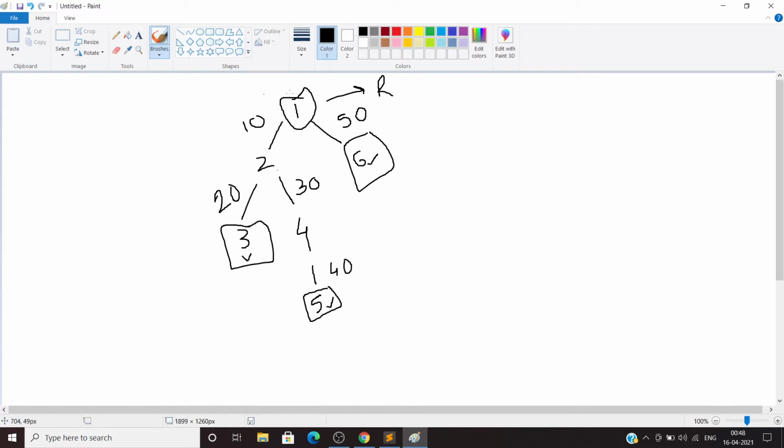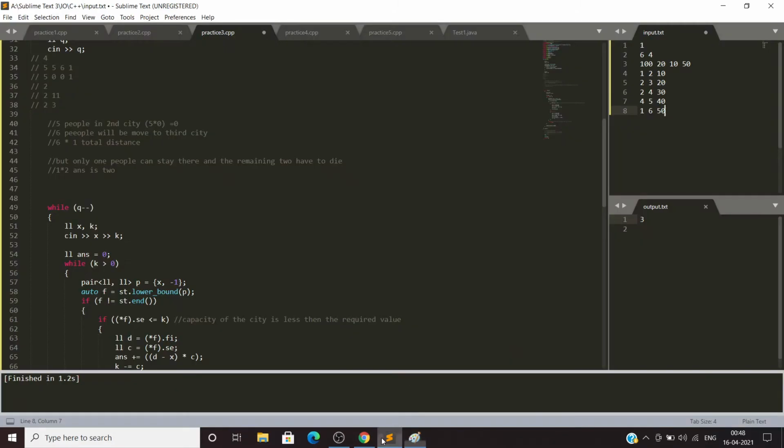So the energy required to visit these cities: we are moving from 1 to 2, so this is 1 into 10, and after this we are moving 1 to 20. So here the length is 20, that is the k value is 20, but what is d?